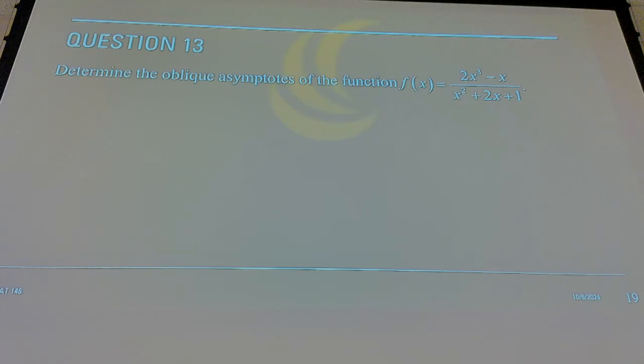Oh, that sucks. I actually have to do this by hand. That's so annoying. Oh, wait.